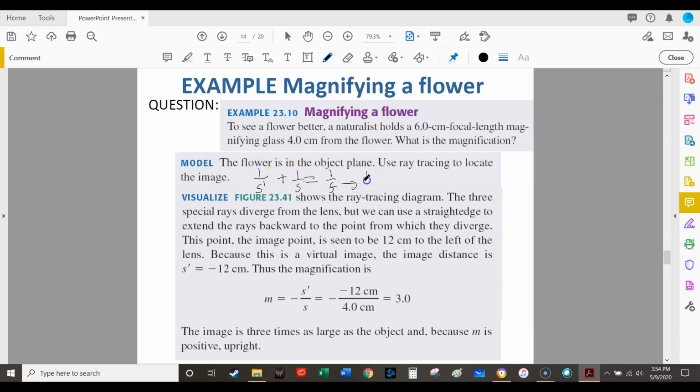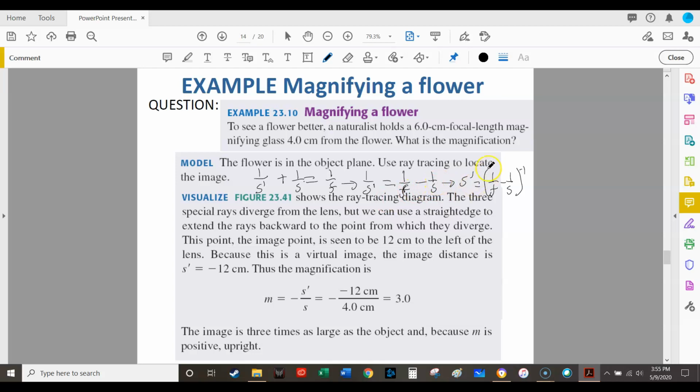So I'm going to subtract the object distance from both sides. So this is the focal point minus the object distance. And so S prime is going to be equal to 1 over the focal point minus 1 over the object distance, to the -1, right?